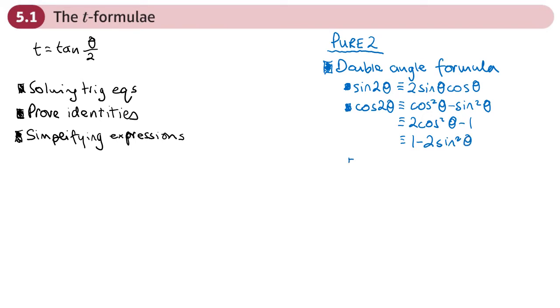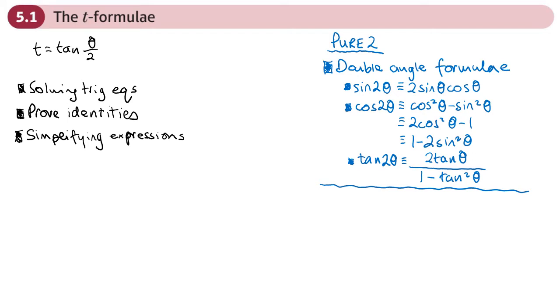There's also a double angle for tan. This one gets used less often. You're more likely to be using the sine or the cosine one. And this one is 2 tan theta over 1 minus tan squared theta. So they're the double angle formulae.